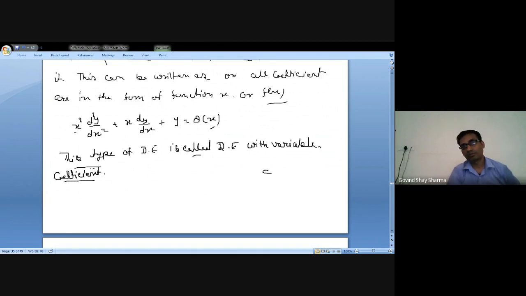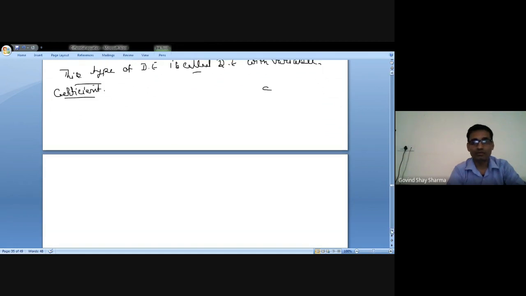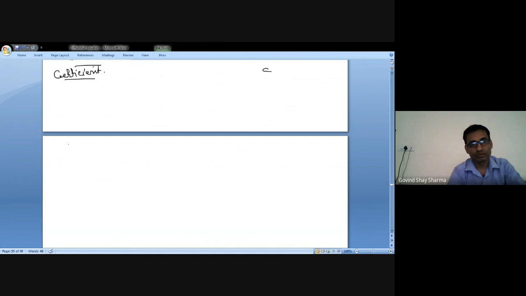Now there are some methods to solve this type of equation. In step one, first we change the equation into constant coefficient form.